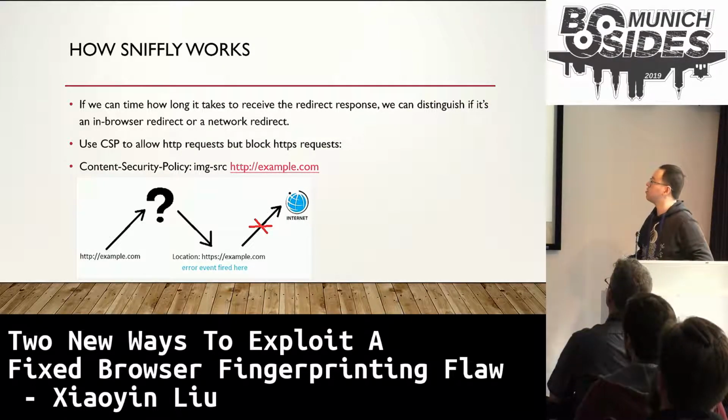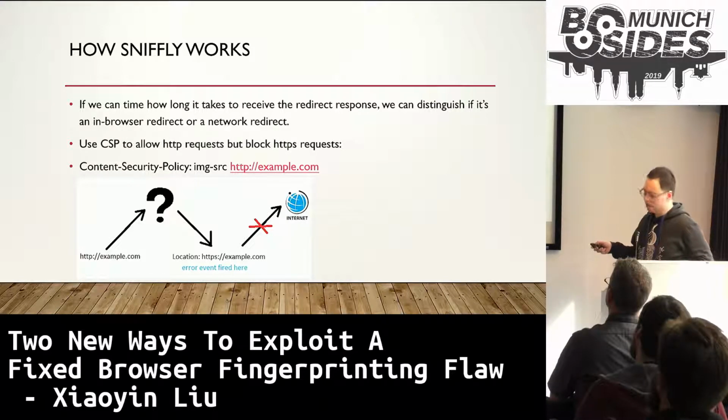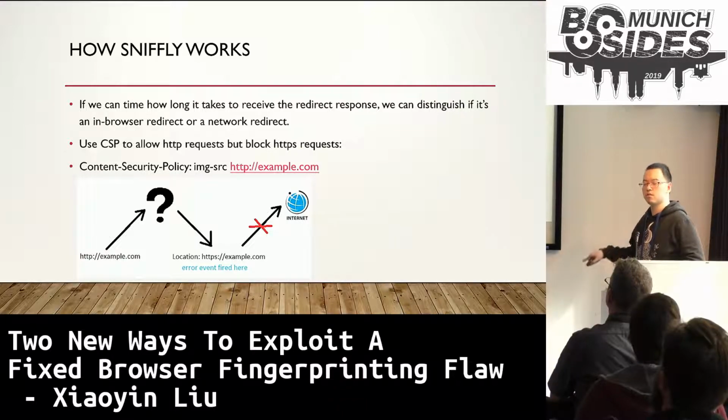So if we want to know if the user has visited this URL, what you can do is time how long it takes for the redirect to happen. You can then know if it's an in-browser redirect or a network redirect. But in order to do that, it's necessary to block the HTTPS request to the server, because usually when you have a redirect, the browser will automatically follow it, and then you can only time the entire time for both requests.